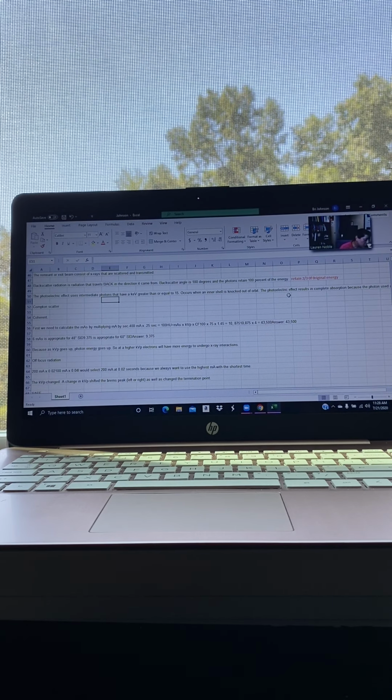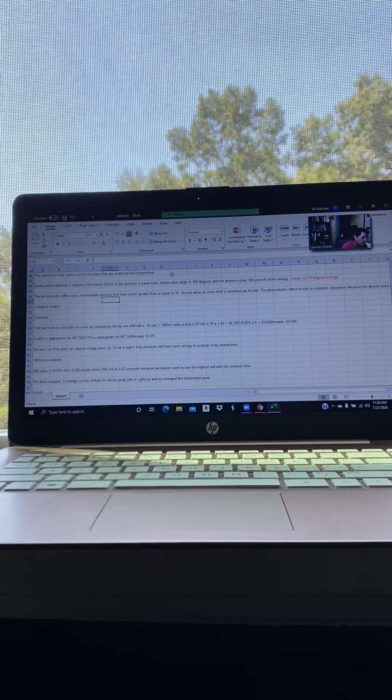And then the next one was about explaining the photoelectric effect. It was 3 points. For the first point, I was looking for something along the lines of you mentioning that a K-shell electron is knocked out of orbit and that the photon is totally absorbed.